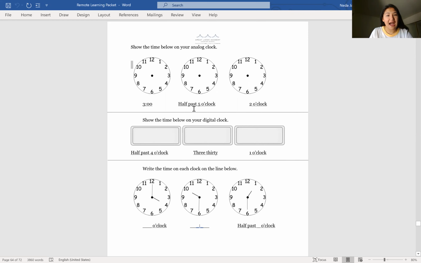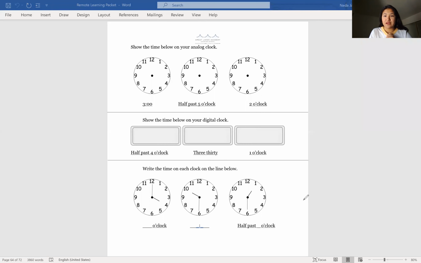Half past 5 o'clock. And the last one says 2 o'clock. Pause and show the time written below each of these clocks on the clock. Nice job. Now that you did that, let's go over it together.